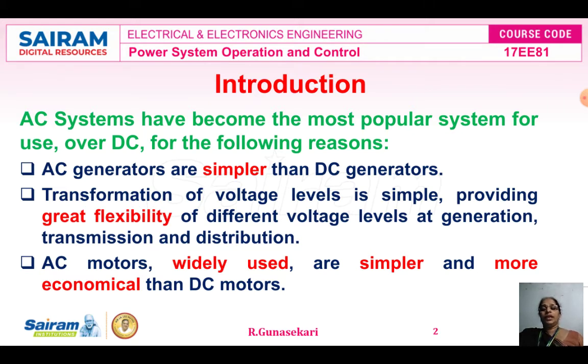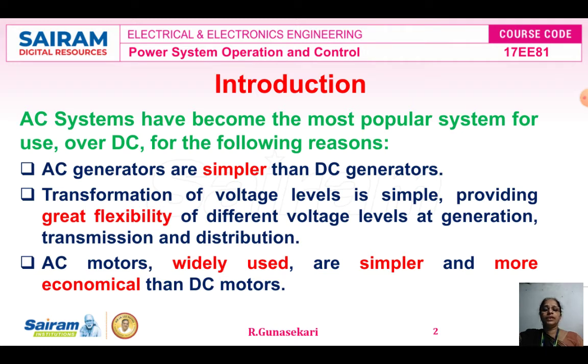If the voltage is AC, the transformation of voltage level is simple. It gives great flexibility compared to DC, because AC is converted into DC with the help of a converter. So voltage level transformation is simpler with AC than DC. That is why the AC system is more popular than DC.